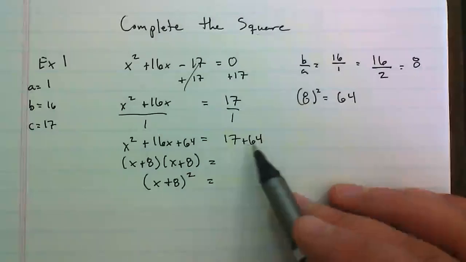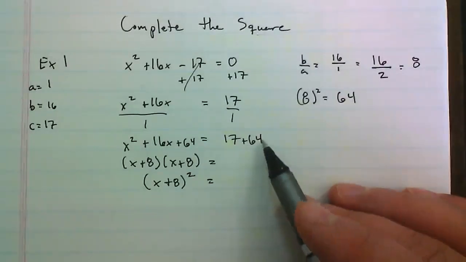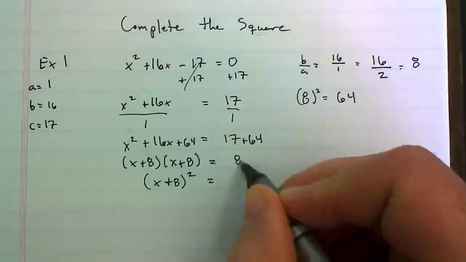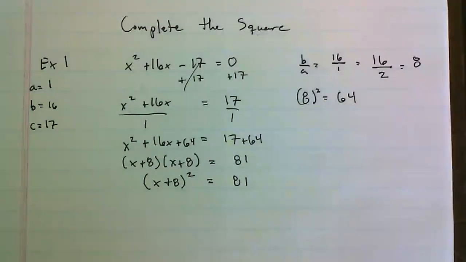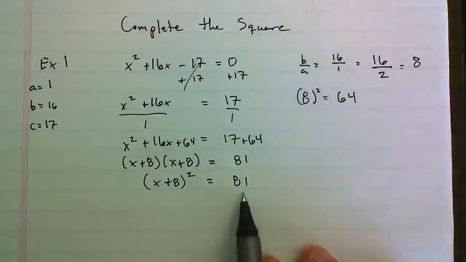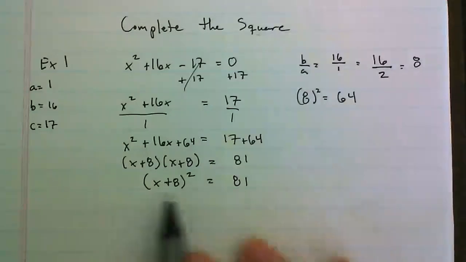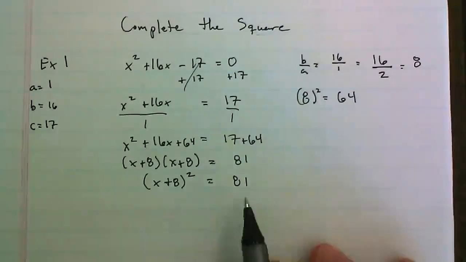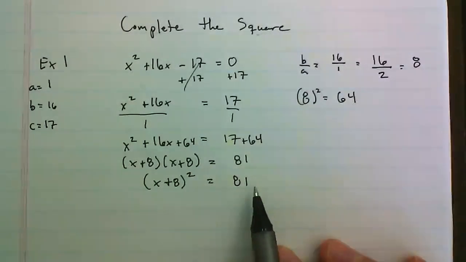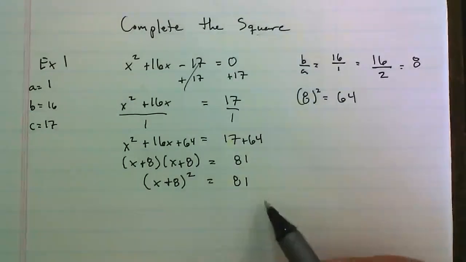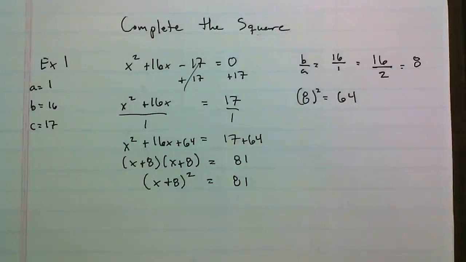But we don't like writing the same thing twice, so it breaks down to x plus 8 quantity squared. That's why we use the perfect square, so we can turn it into this. Now if you solve this nicely, you can just square root it to get rid of that square term, and that's why it's really nice.